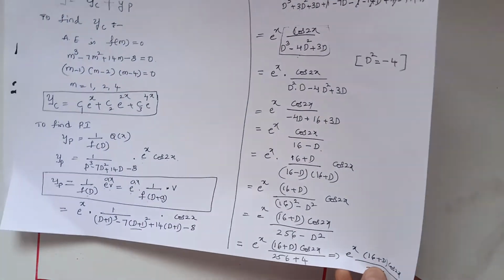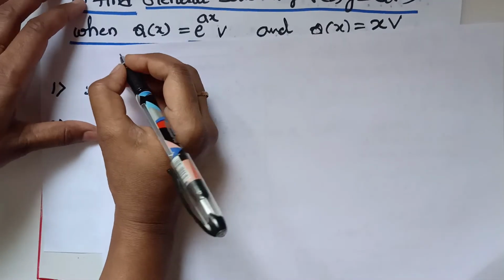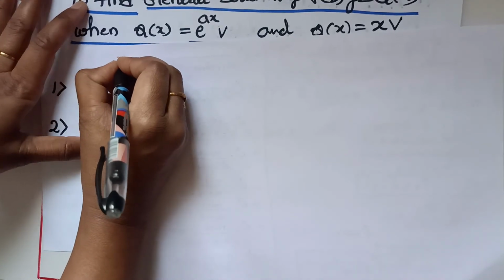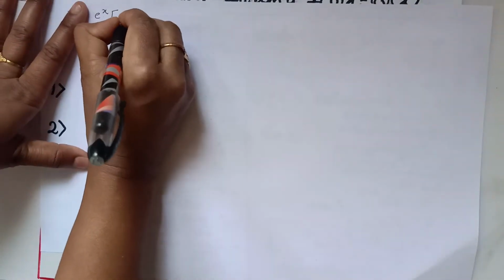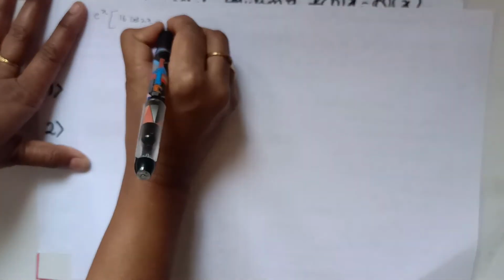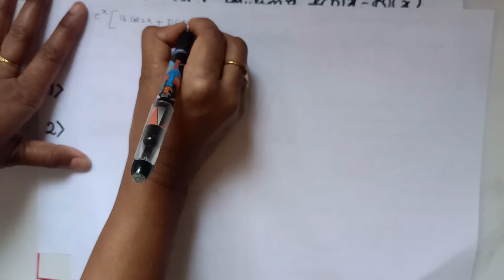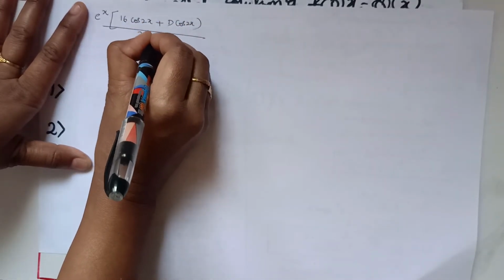Now e power x into 16 cos 2x minus 3D into cos 2x by the denominator.